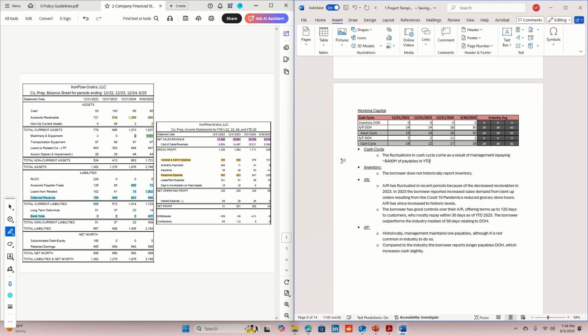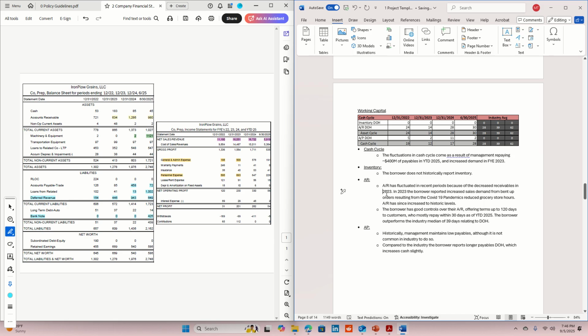In year to date 2025 and increased demand in fiscal year end 2023 period. And let's come down here.